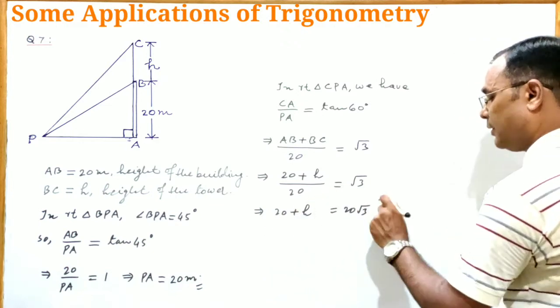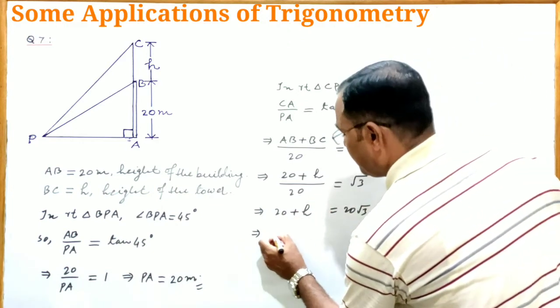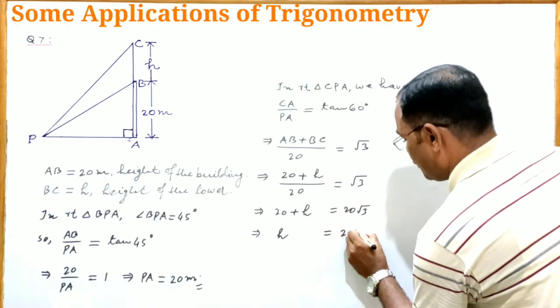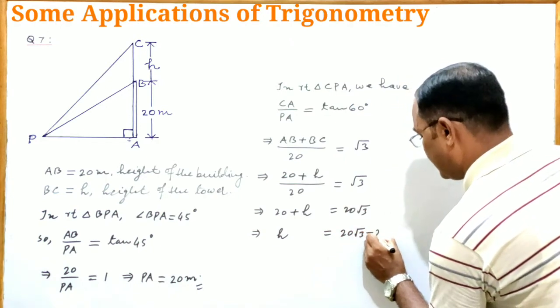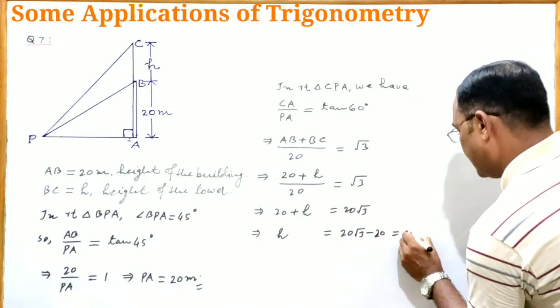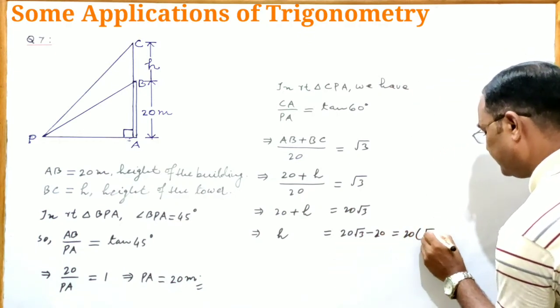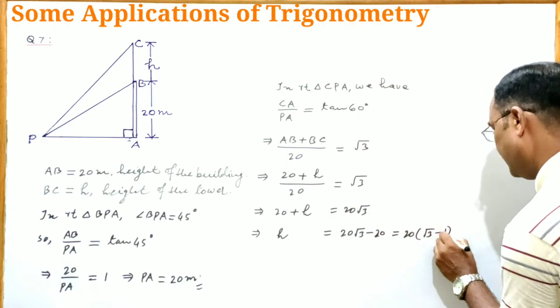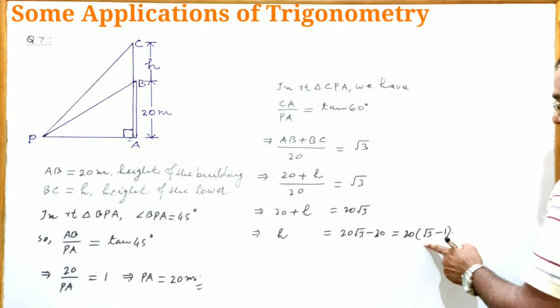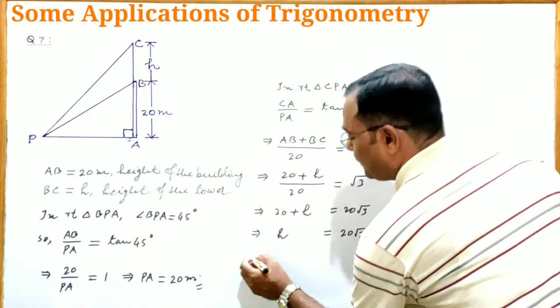Transpose this 20 from left side to right side. H is equal to 20 root 3 minus 20. If 20 is taken common, it is root 3 minus 1. So H is equal to 20 into root 3 minus 1.